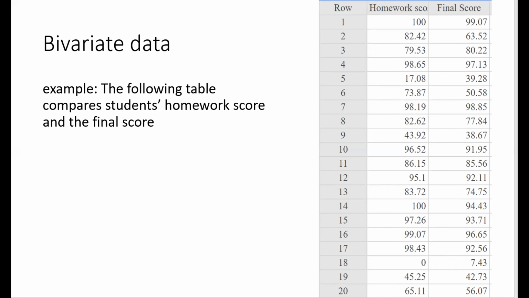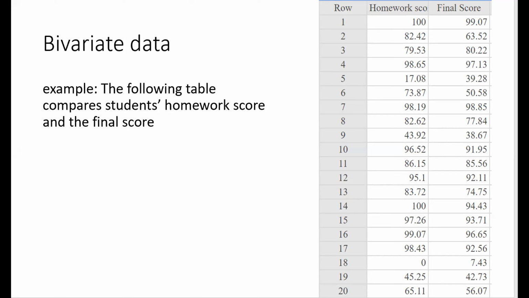And I want to show you one more bivariate data set that I've collected. This is from my previous stat class. I picked homework scores and the final exam scores for my students.